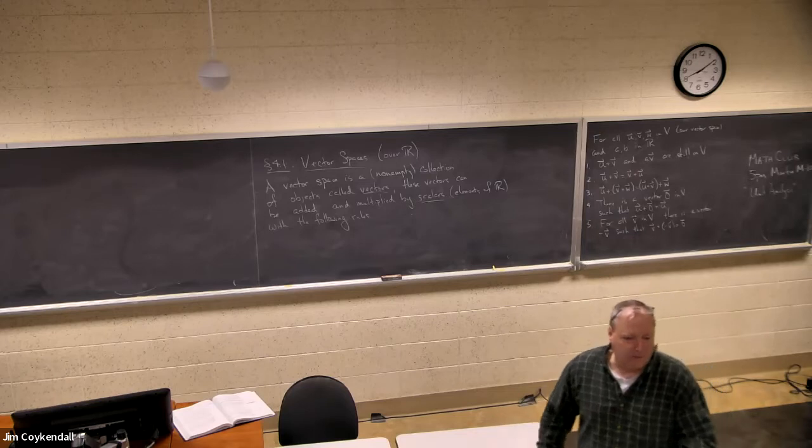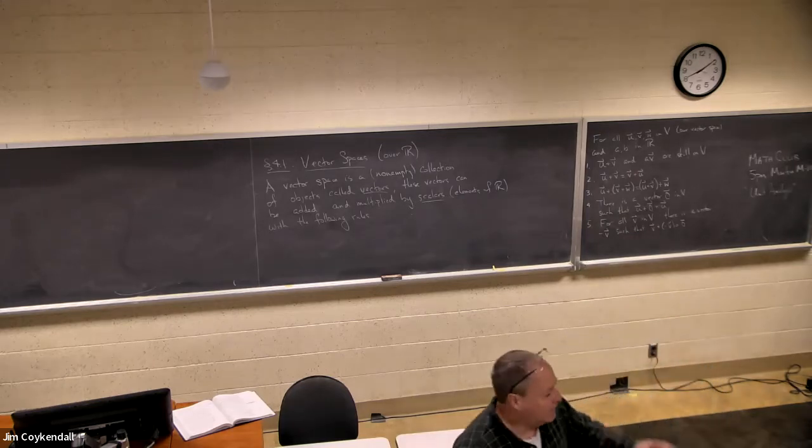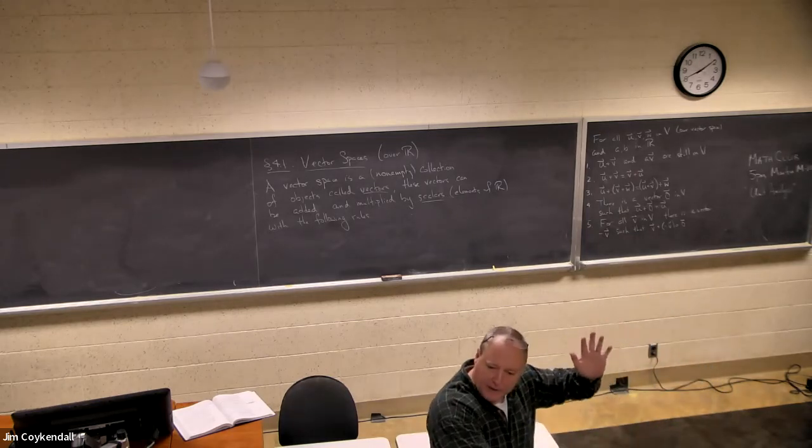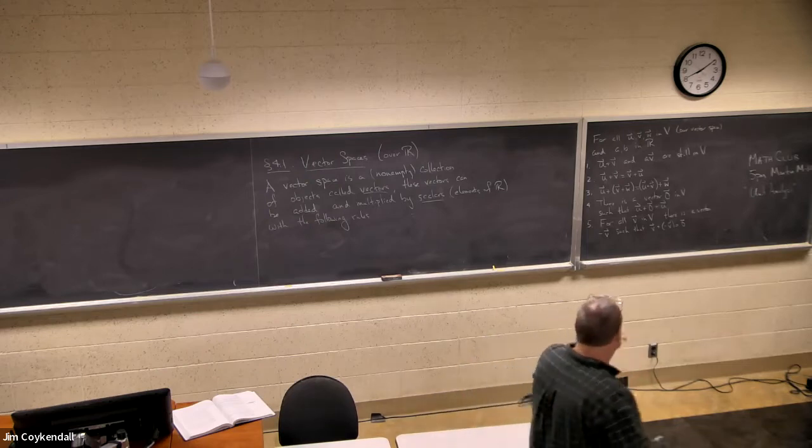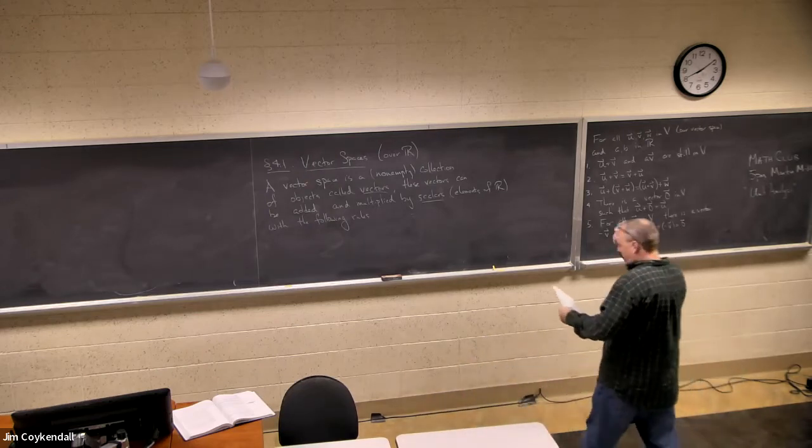That just means that every vector has a minus sign. So given any vector, you can find some other magic vector that you add to it, and it gives you this 0 vector that I was promised earlier.